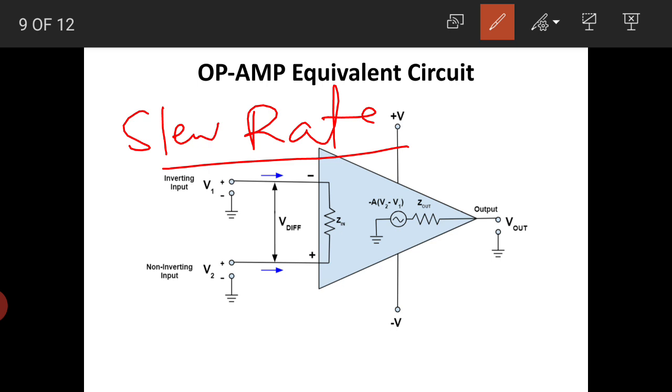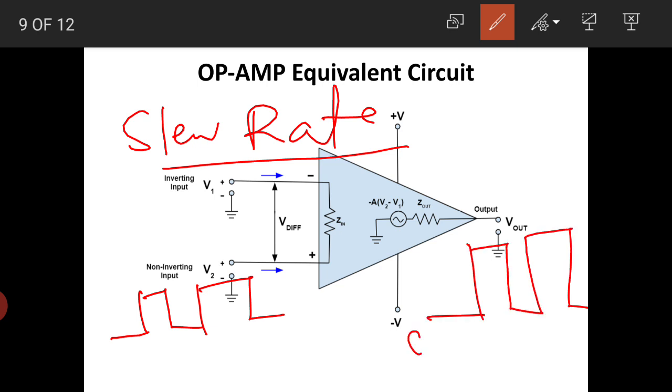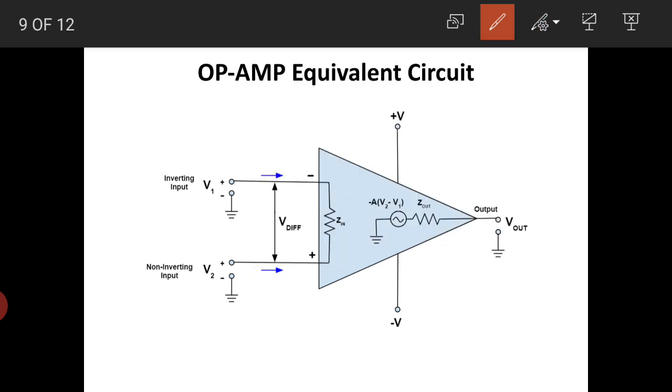So let us understand: at the input side the difference of voltage is like this, and at the output side we are obtaining a signal like this. This is V, this is 0, and this is your V set. Its highest value is your plus V saturation. So at the output side, this value is varying from 0 to V saturation.